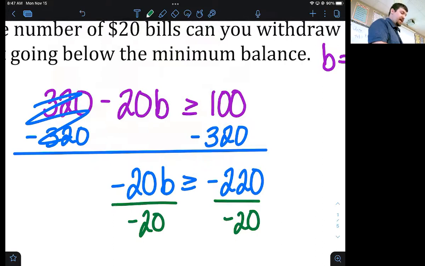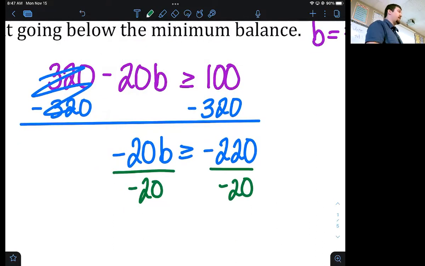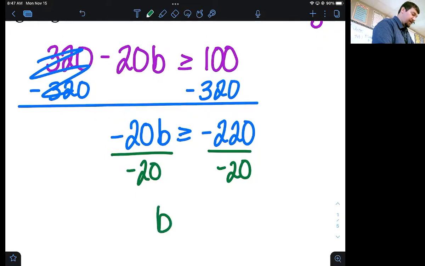Don't forget about that. Anytime you are multiplying or dividing an inequality by a negative number, you have to flip the sign. So B is now going to be less than or equal to, 2 negatives make a positive, and Maddie Yen says, what's 220 divided by 20? That's 11.